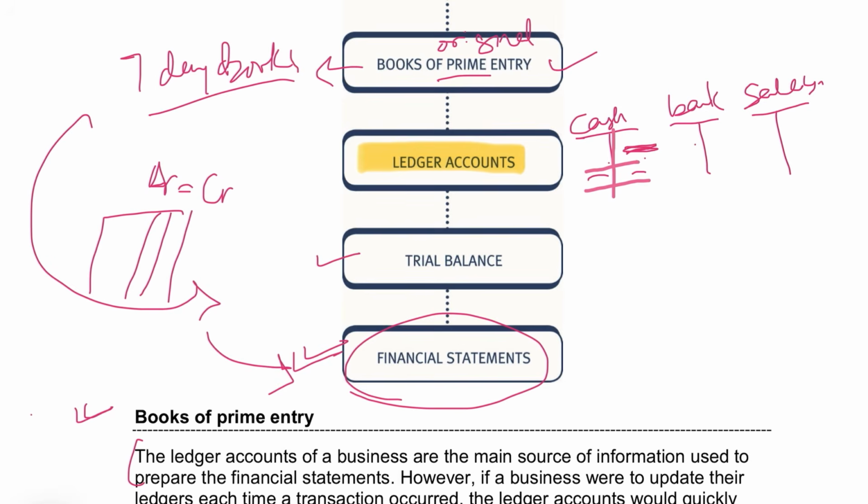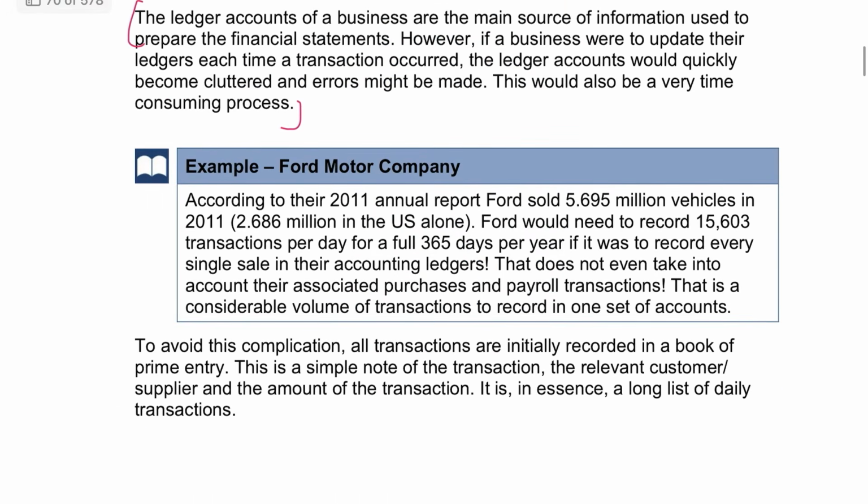So the ledger account becomes so much cluttered, because after that transaction we also have to check the balances, right? And so that's why accounting systems are made to control such errors.